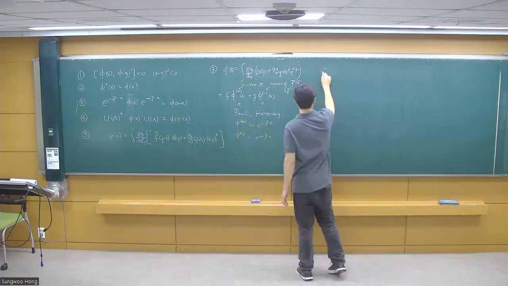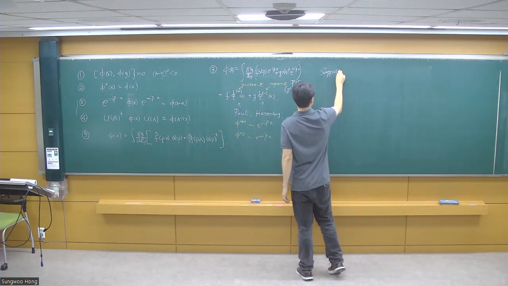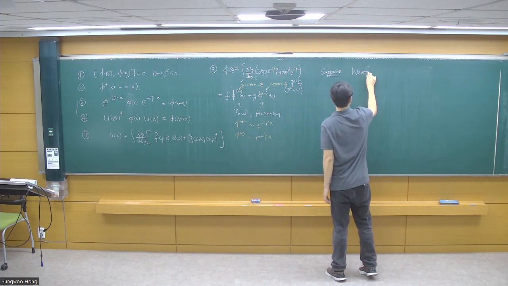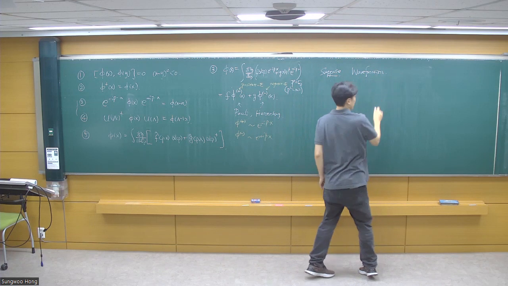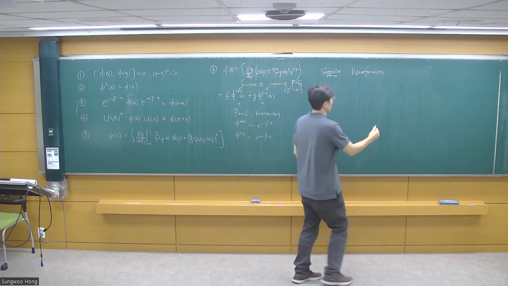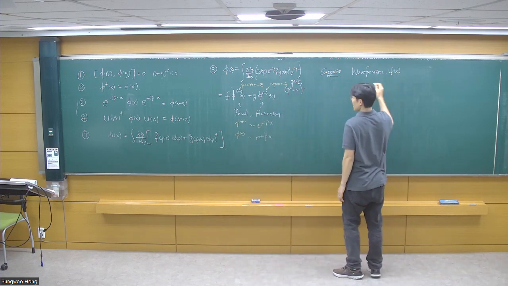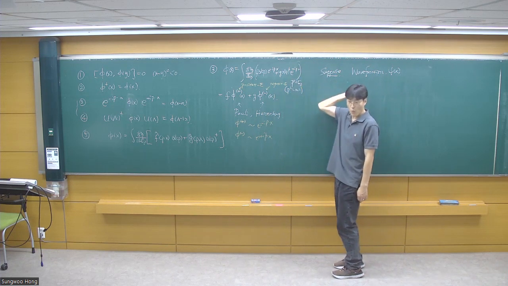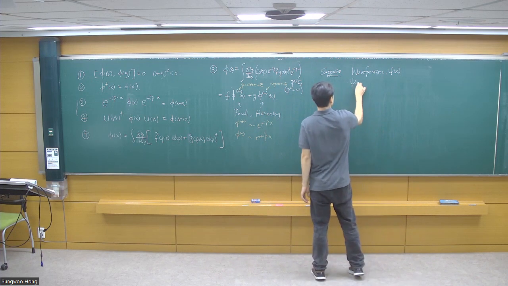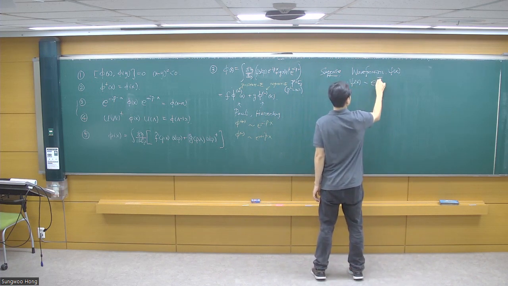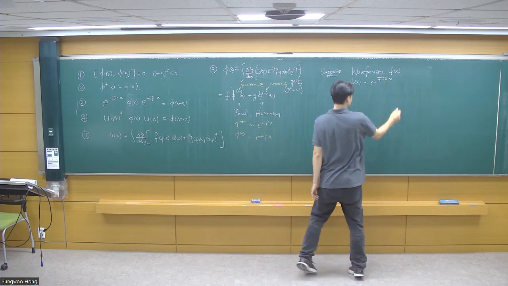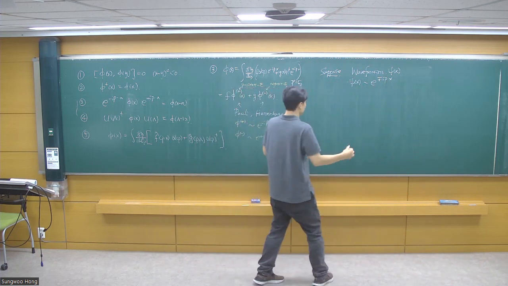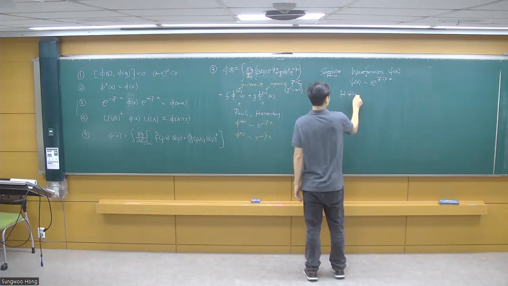Suppose we have a wave function in the usual quantum mechanics sense. Don't be confused with the operator that I'm trying to construct. If you are given a wave function which looks like e to the minus or plus i p dot x, in order to understand the physical meaning of that, you just plug it into the Schrödinger equation, right?